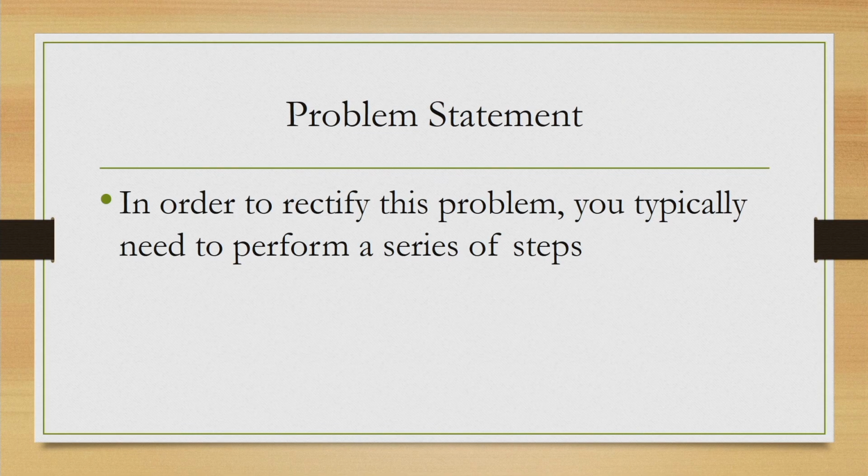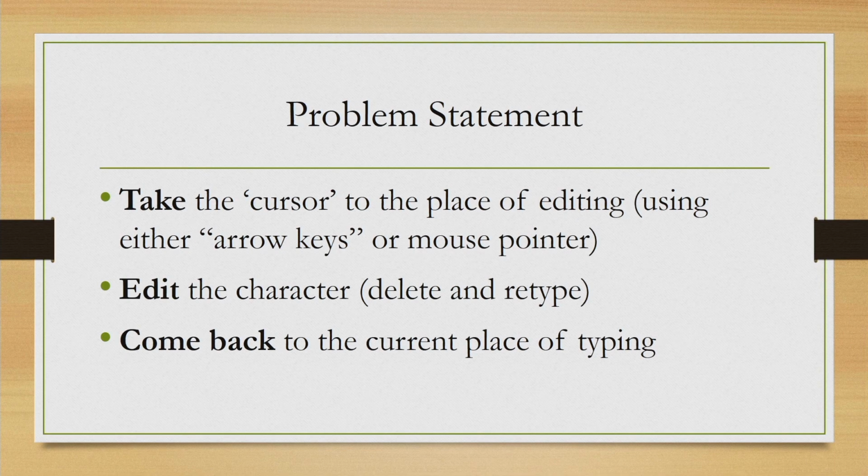So, in order to do this you need to perform a series of steps. What are those steps? You need to take the cursor to the place of editing. You may use either arrow keys or mouse pointer.